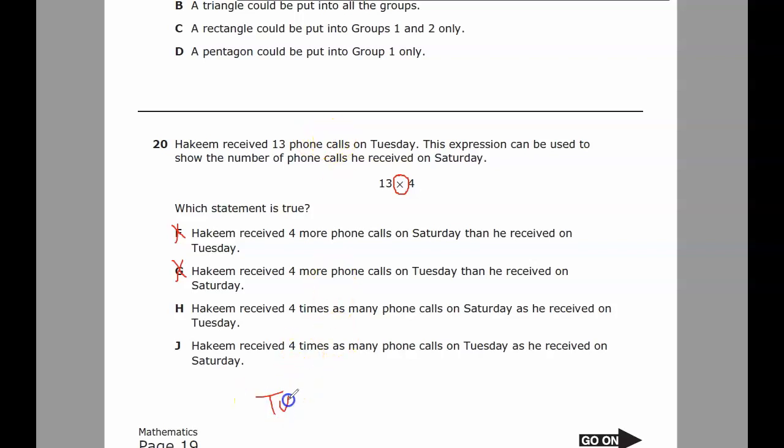So on Tuesday, guys, this question is really just about reading and understanding what it's saying. On Tuesday, he received 13 phone calls. Okay? On Saturday, they don't tell us how many he received, but they said he got 4 times as many. Okay? And then that's the number. So the number's going to be a lot bigger.